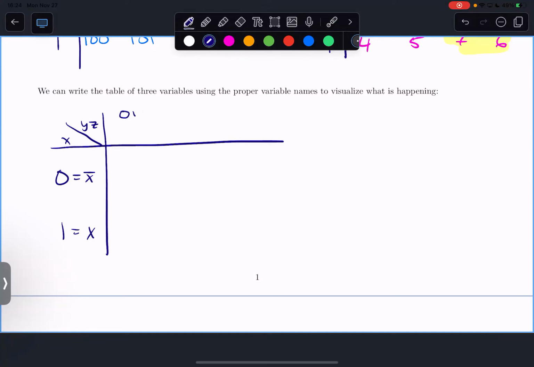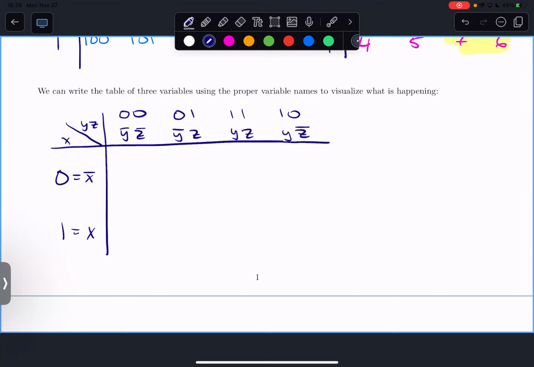And then 0, 0 is Y off, Z off. 0, 1 is Y off, Z on. 1, 1, Y on, Z on. 1, 0, Y on, Z off.